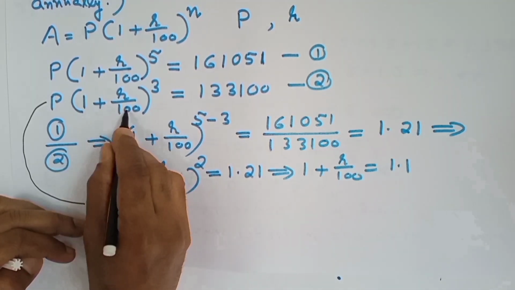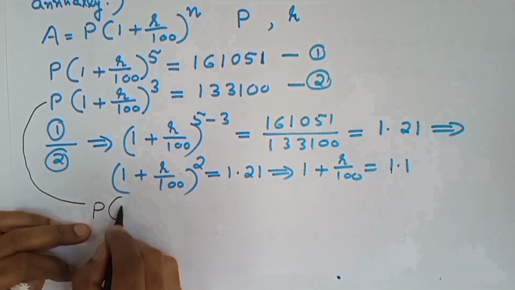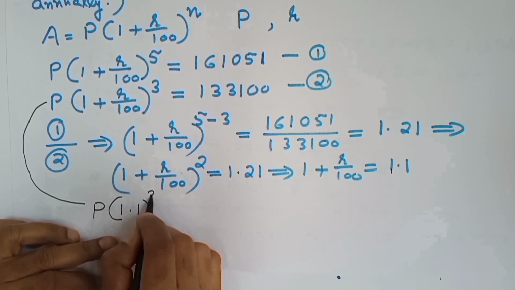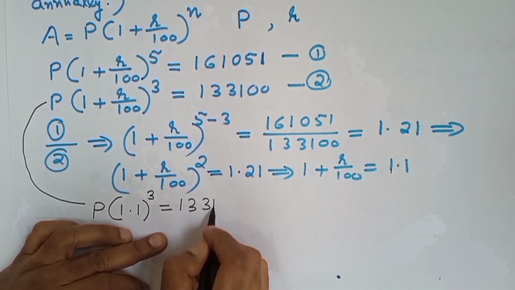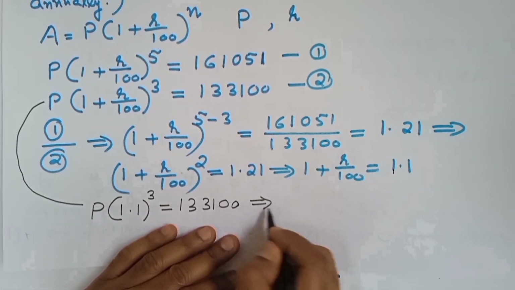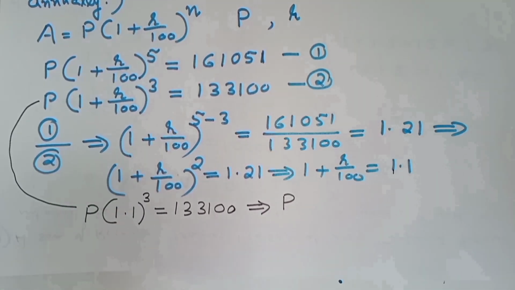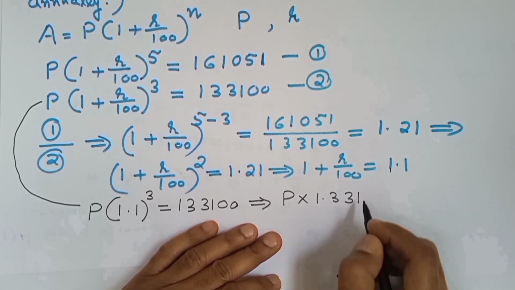P into, inside 1 + r/100, you can substitute 1.1 for that. So you have 1.1 the whole raised to 3 equal to 0, 0. Now this implies what? P into 1.1, the whole raised to 3 is 1.331.